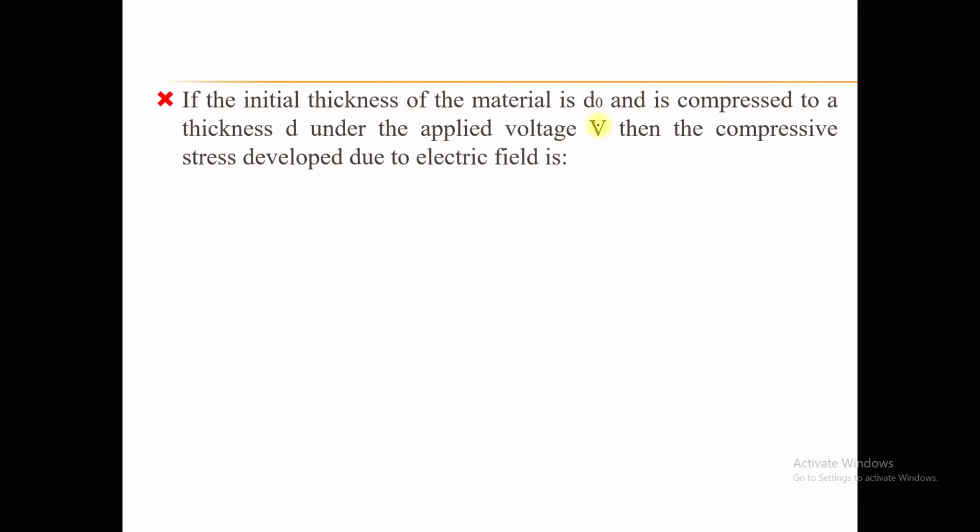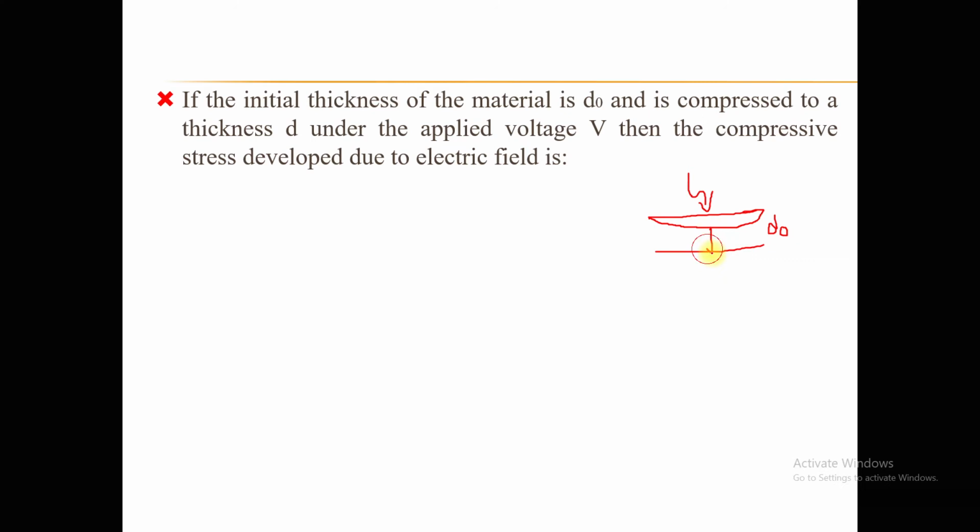So if we are assuming that the initial thickness of the solid dielectric is d0, and this thickness is compressed to a thickness of d under the applied voltage. When I am giving the voltage, the electrodes compress, so there is a change in the thickness of the dielectric.